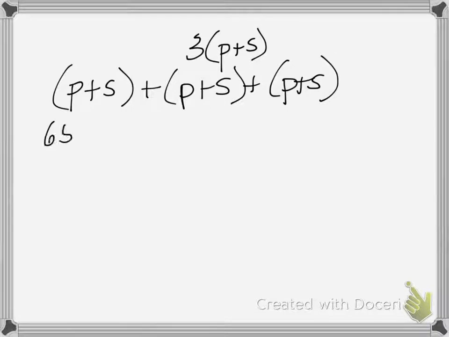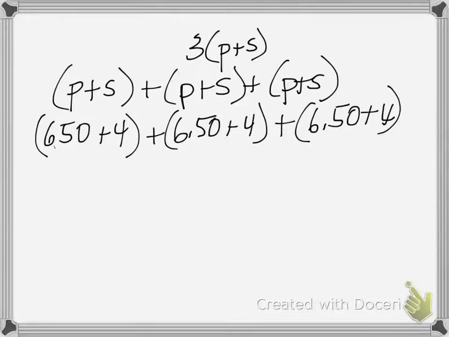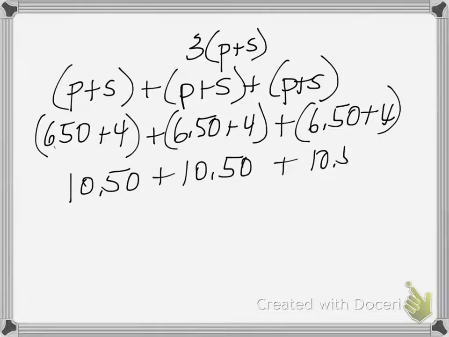We got 650 plus 4 plus 650 plus 4 plus 650 plus 4. And then of course these are all 1050 plus 1050 plus 1050. Add those all together and 3150.